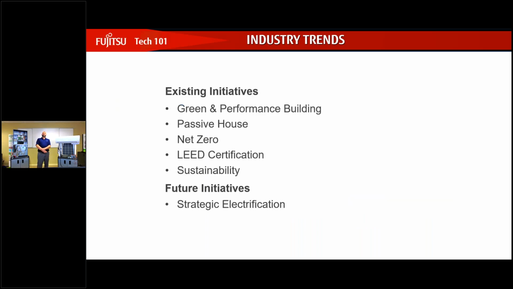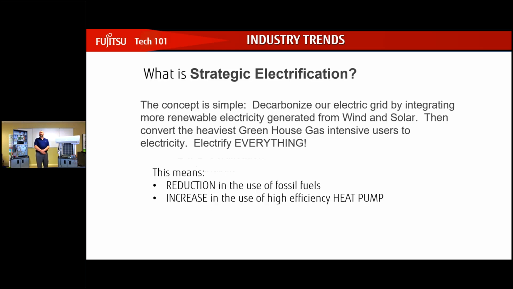So initiatives in place right now, we're trying to basically get to net zero. We want to use basically no carbon producing forms of energy. Strategic electrification really is the future initiative that we're looking at here.